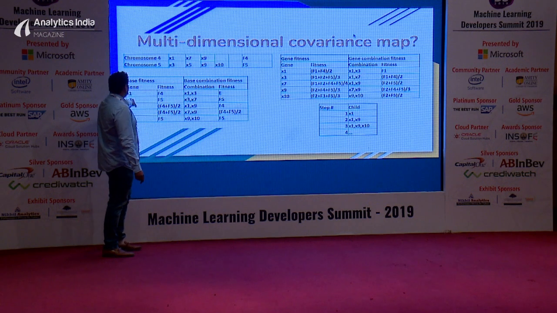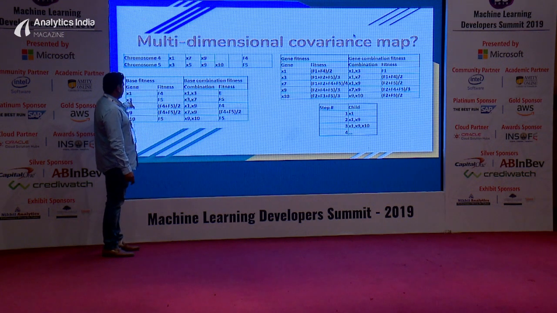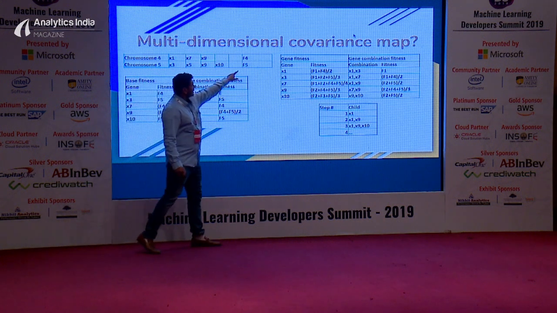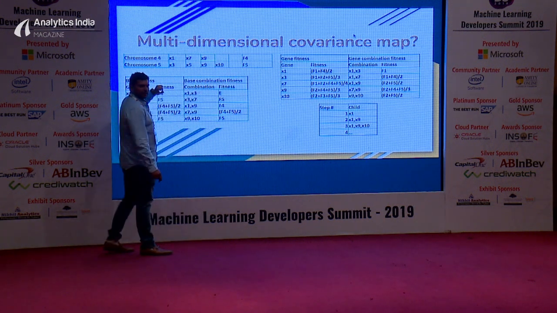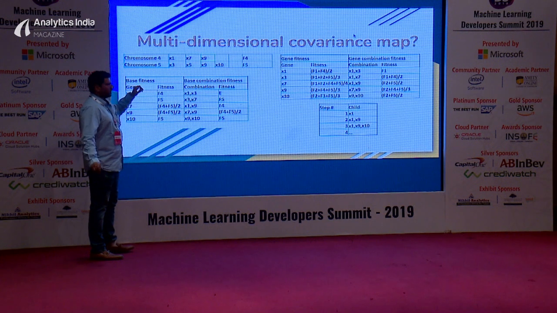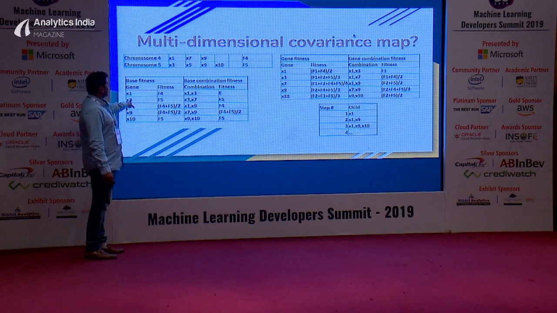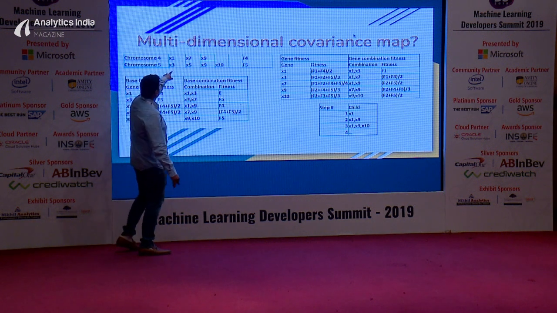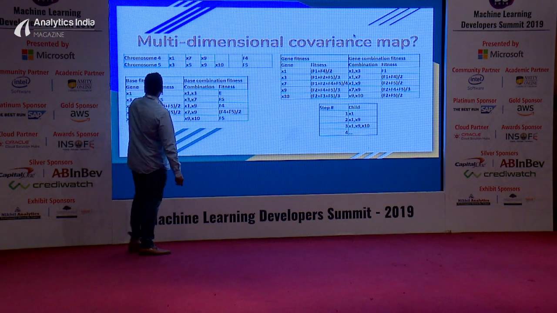Now X3 is only seen in chromosome 5, so its fitness is F5. So far clear? Now, come to X7. It's seen in both F4 and F5, is that right?